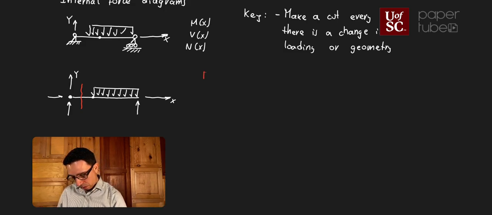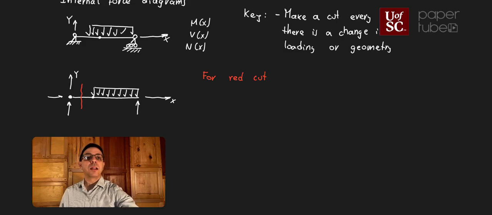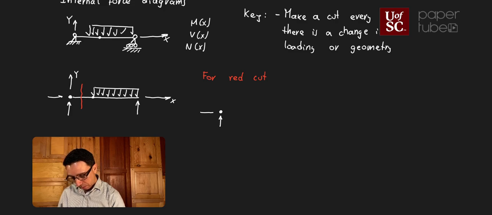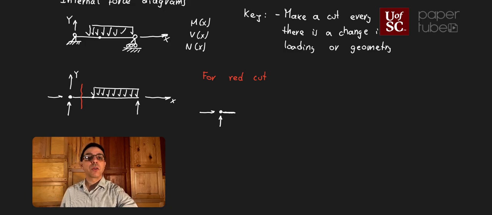So for my red cut, if I choose my left-hand side free body diagram, what we're going to see is the following. I have my reaction forces. I have a little part of my element before the cut. And then what I'm going to see is my internal forces.